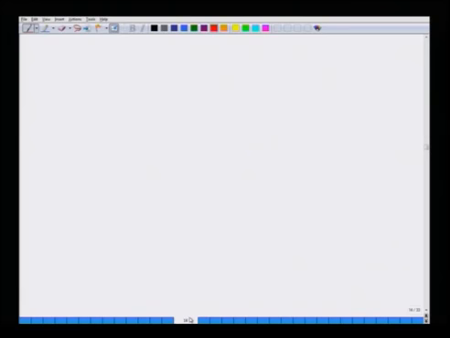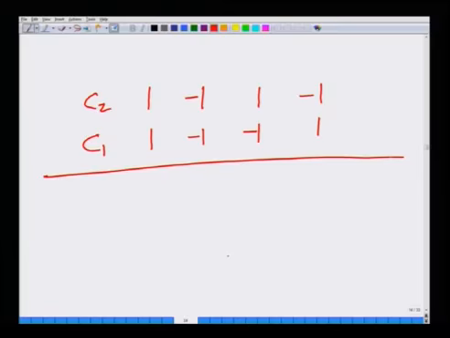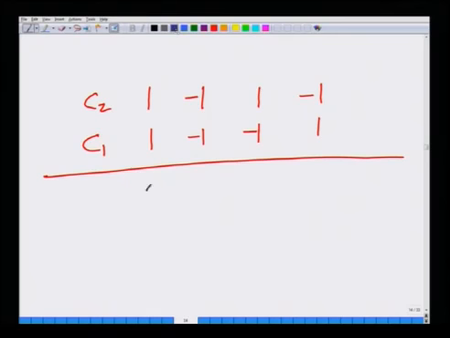The dot product is 1 into 1, that gives 1, plus minus 1 into minus 1, that gives 1, plus 1 into minus 1, that gives minus 1, plus minus 1 into 1, that gives minus 1.